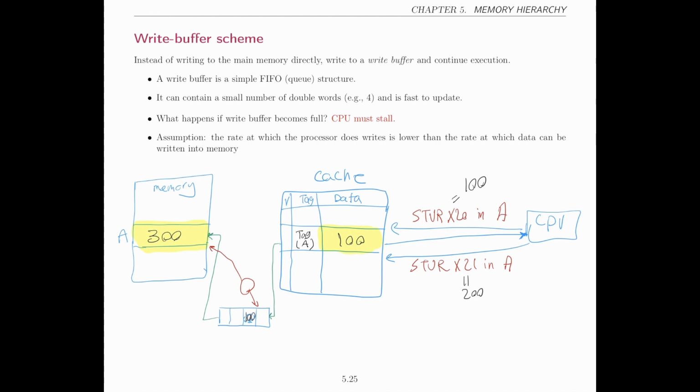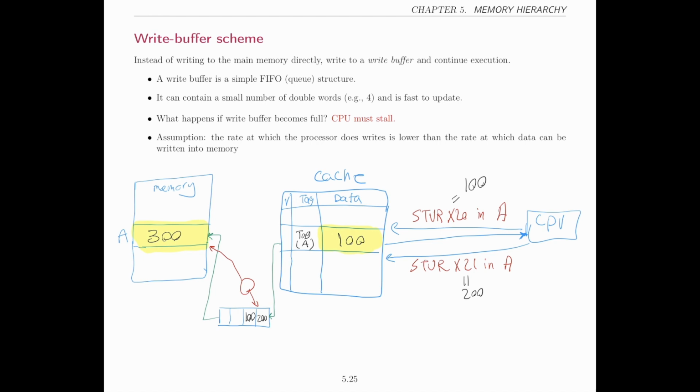Because it's a queue, it's first in, first out. This thing is going to move ahead, and the new thing that is being written is going to be added to the queue. In the order that these requests for storing are received, you are going to add them to the memory.